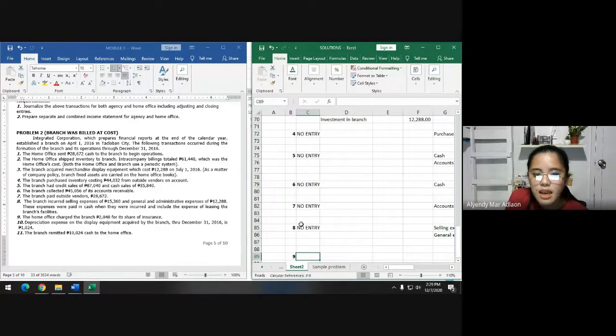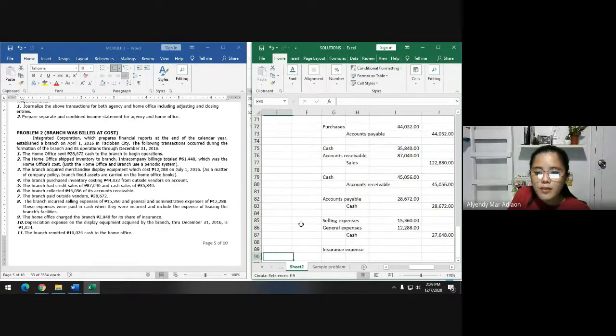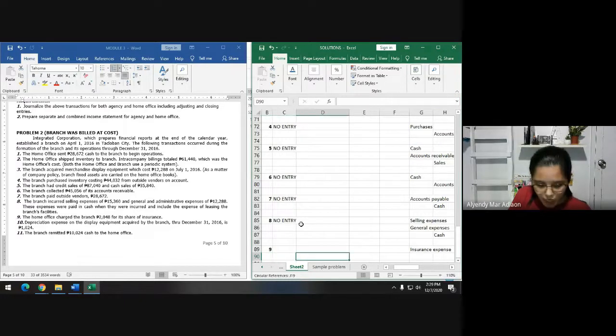Now, since kang branch man nga insurance expense, so dapat naa sa iyang record ang debit to insurance expense, no? Pero since si home office man ang bayad, so naa sa iyang record ang credit to cash. So unsa na lang man ang ilahang corresponding debit ni home office o corresponding credit ni branch. So that would be, again, pareha ganiha sa kang gibuhat sa equipment, that would be their reciprocal accounts. Okay, for the payment of the insurance, that would be investment in branch, amounting to 2,048.